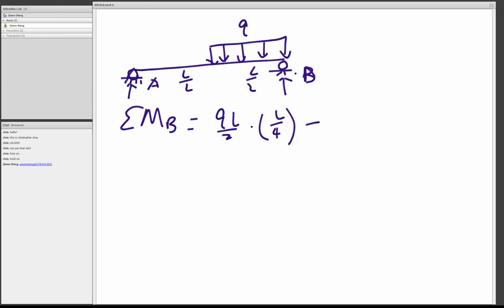The distribution of Q is uniform, so the shear force varies linearly.